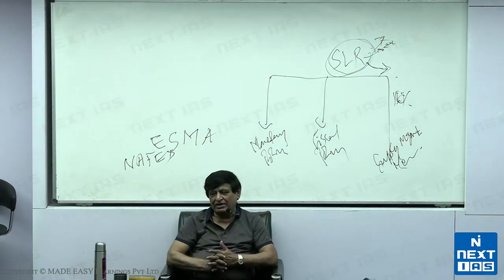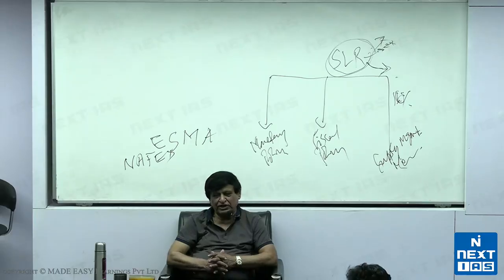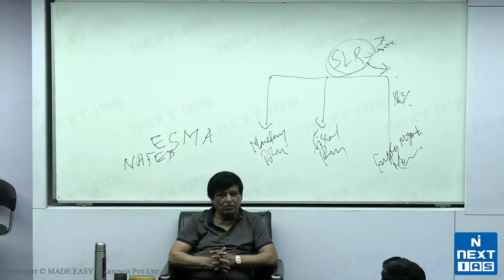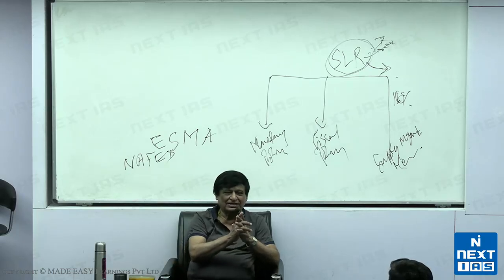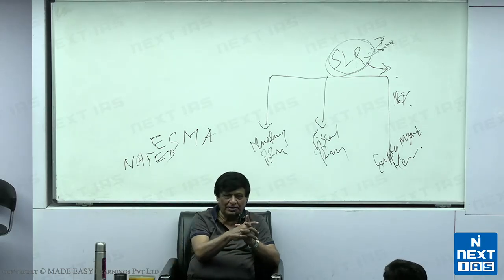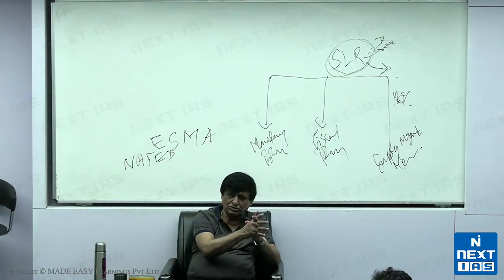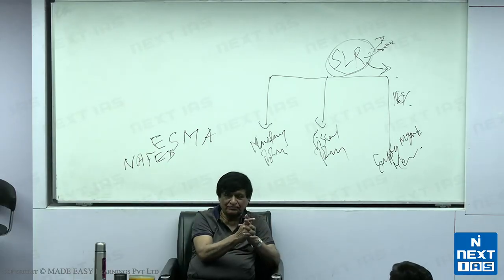Then you have written ESMA. 3.5 years back, Yogi government imposed ESMA on school teachers, because this is an act which empowers the government, both state governments also, to impose a temporary ban on strikes.